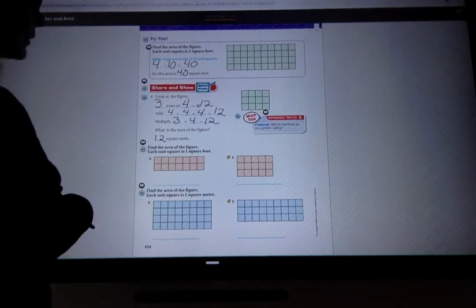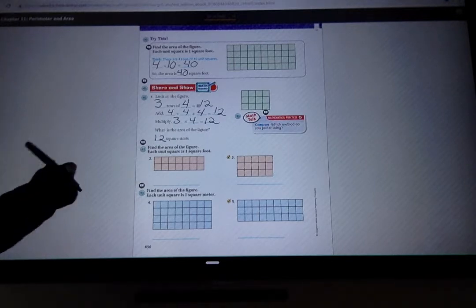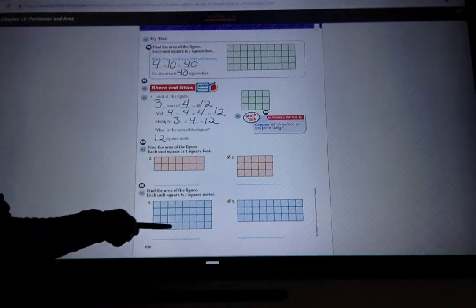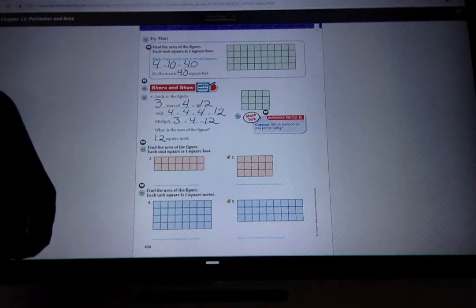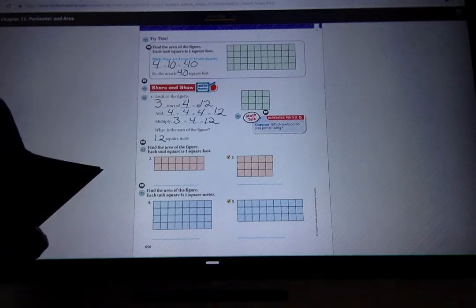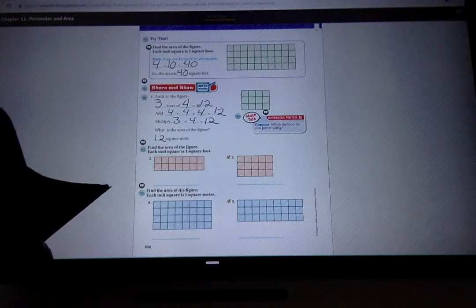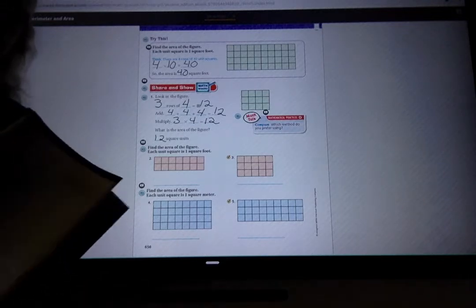Okay, this is not very difficult to do. I think you're ready to practice these on your own, and after you've practiced a little bit, we're going to go on to the assignment, which is on page 659.